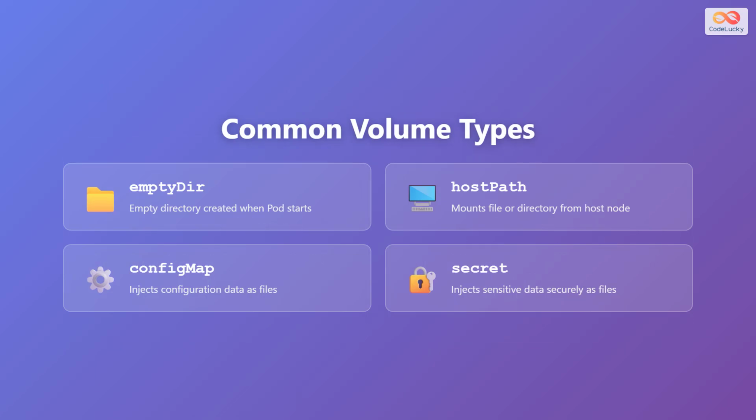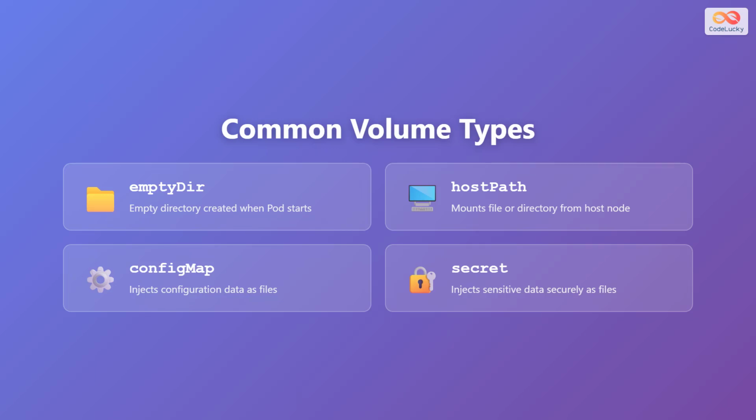Kubernetes supports many volume types, but let's look at 4 of the most commonly used ones. First is emptyDir, which creates an empty directory when the pod starts. It's perfect for scratch space or sharing data between containers in the same pod. Second is hostPath, which mounts a file or directory from the host node's file system into the pod. This is useful for accessing node-level resources but should be used carefully.